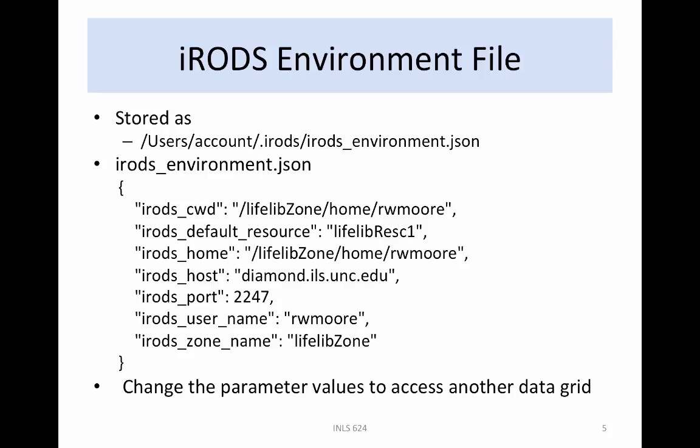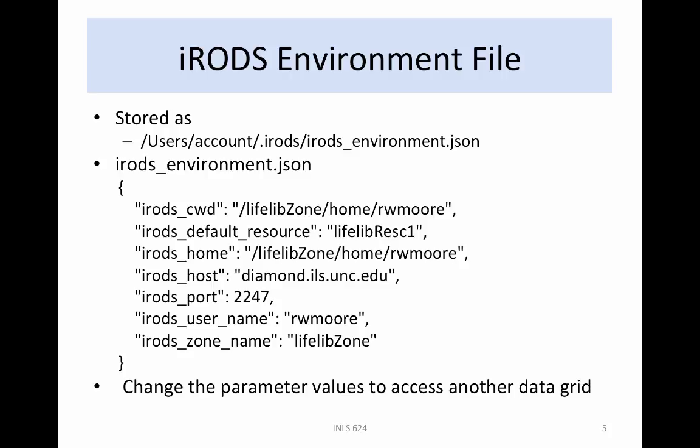irods_cwd is the current working directory. irods_default_resource is the location where the files will be written. irods_home is the name of the home collection that will be accessed. irods_host is the address of a server in the data grid. irods_port is the port number used to access the metadata catalog. irods_user_name is the name of the user accessing the system. irods_zone_name is the name of the data grid zone.